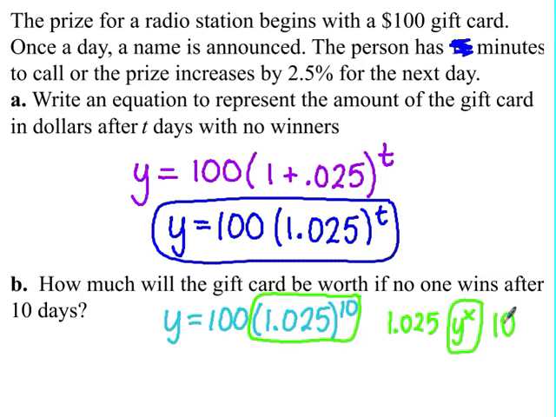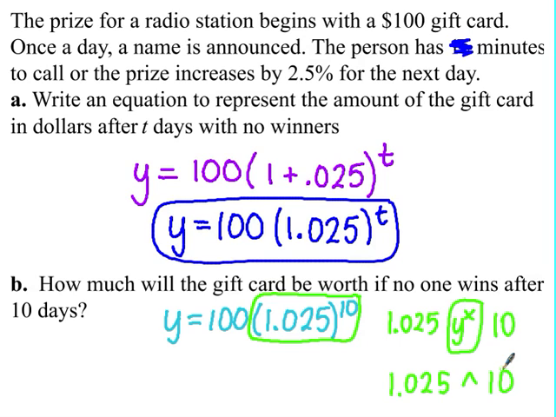Once you get an answer, you'll take that times 100. If you have one of mine, you're going to use the caret key, which looks like a little hat, and that's how you're going to do 1.025 to the 10th power. When you get an answer there, you will take it times 100.